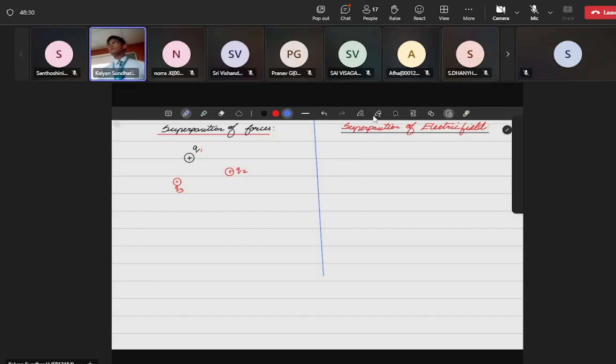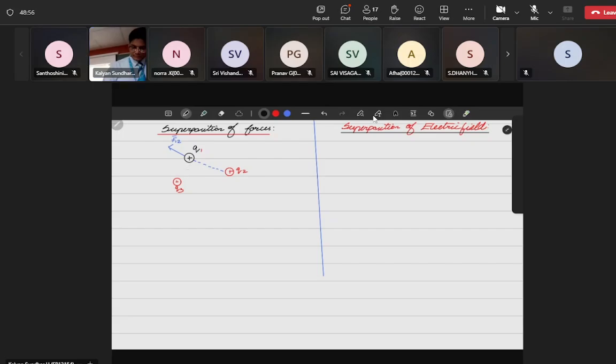So where will the direction of force be? So இது என்ன பண்ணும் sir? This will tend to repel the Q1 charge, correct? So this is the force. How will you represent the force? Force on one due to second charge. So this is a vector quantity, force symbol.